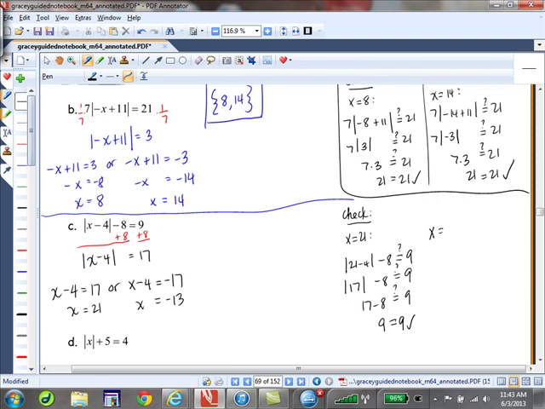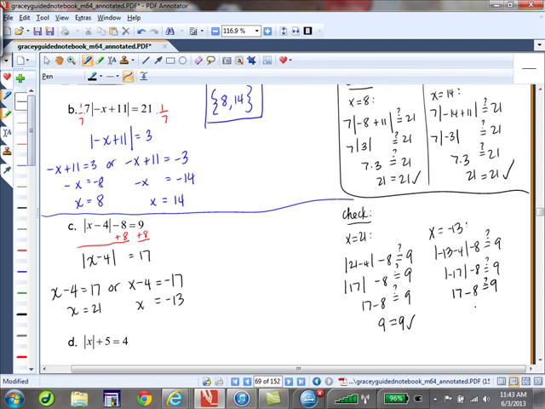And x equal to negative 13. We have absolute of negative 13 minus 4 minus 8. Is that equal to 9? Absolute negative 17 minus 8. Is that equal to 9? 17 minus 8.